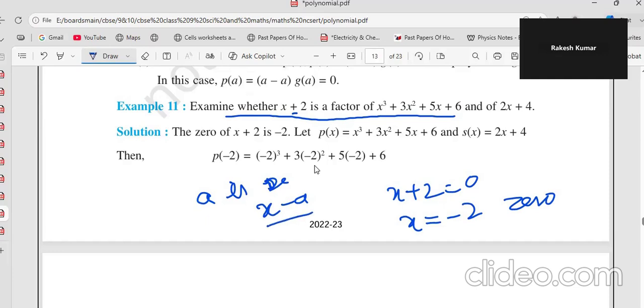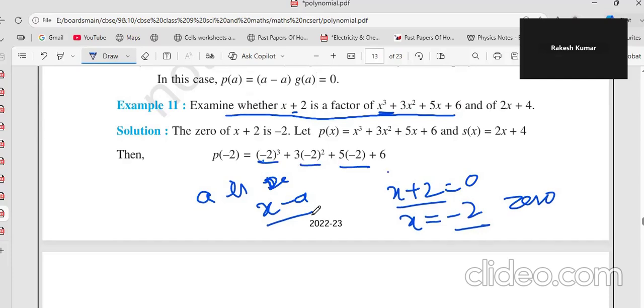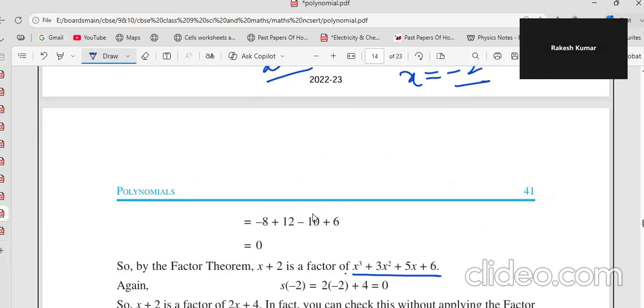So if x plus 2 is a factor, then minus 2 is a 0. So he plugs in minus 2 in place of x, he writes minus 2 cube, 3 minus 2. And what does he get? He solves it, he gets 0. So by factor theorem, x plus 2 is a factor. So we know the factor now, and we can divide. If I divide this, there won't be a remainder.